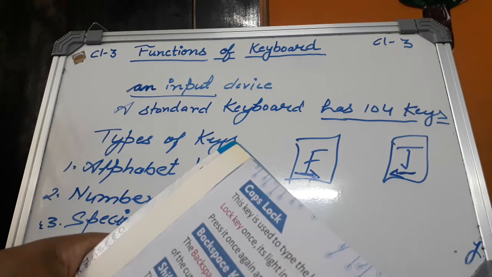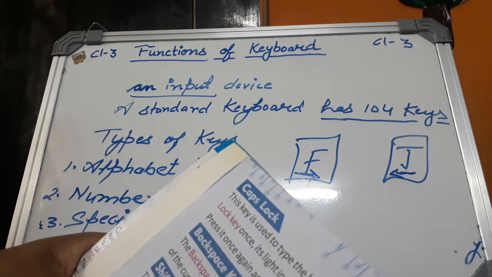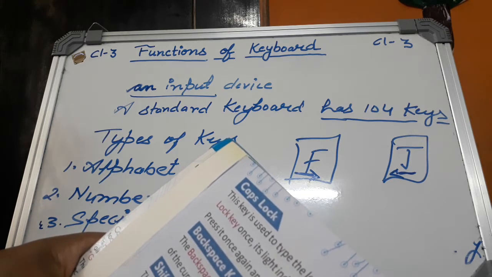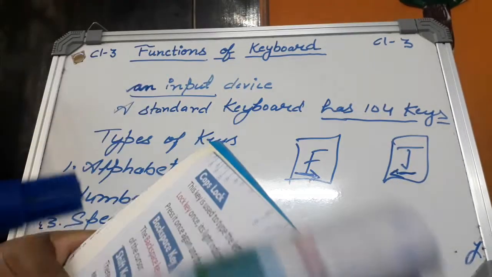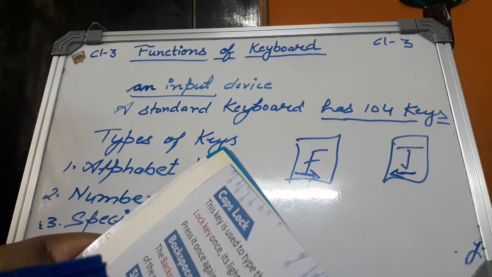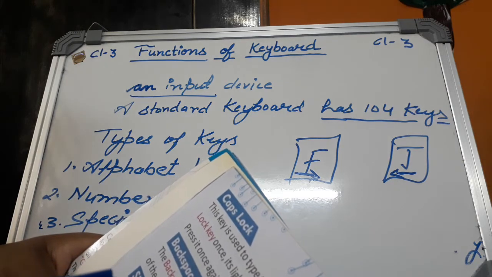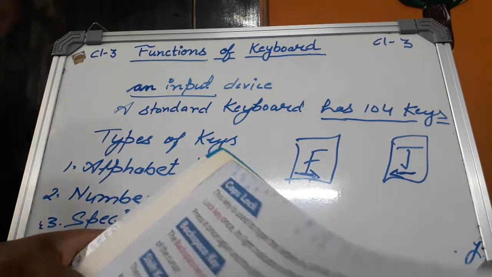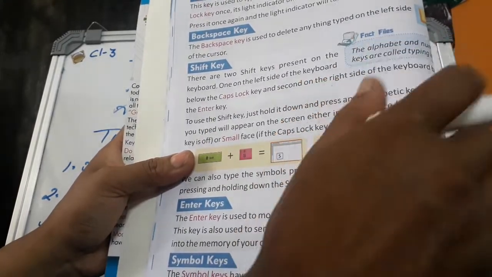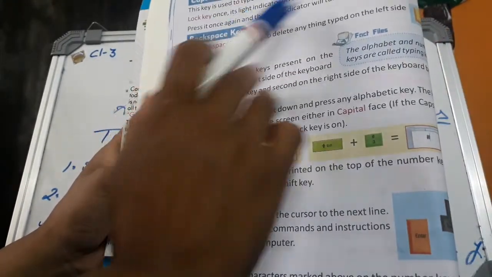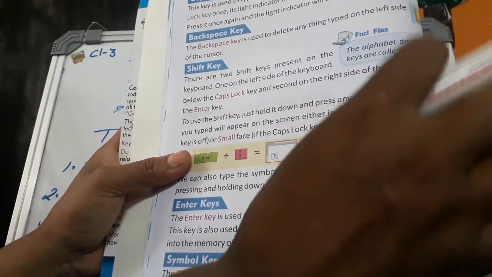With the help of this key we can type our letters in capital case. When we press the caps lock key once, the light indicator on the keyboard turns on. Press it once again and the light indicator will turn off.